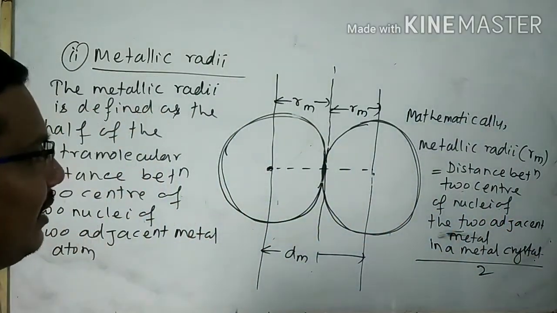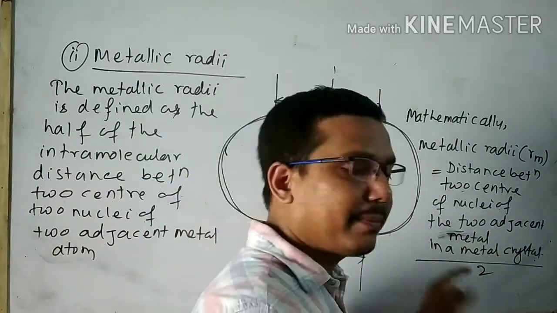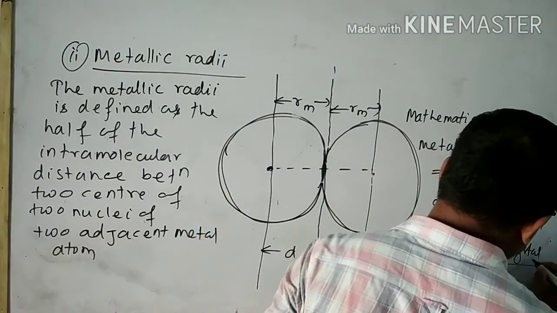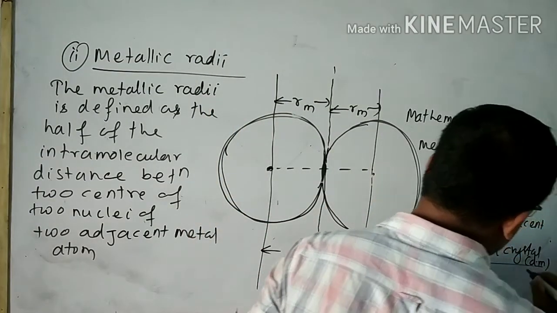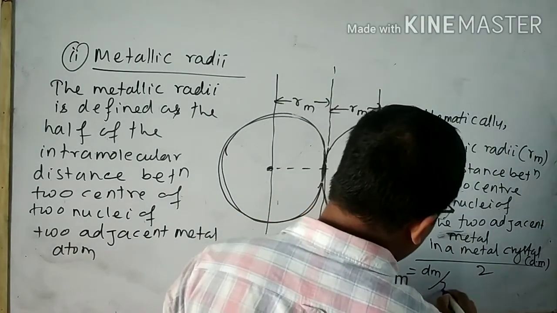Simply you can write the distance between two nuclei of two adjacent metal atoms, taken as dm. Then what will be the formula? Rm is equal to dm by 2.